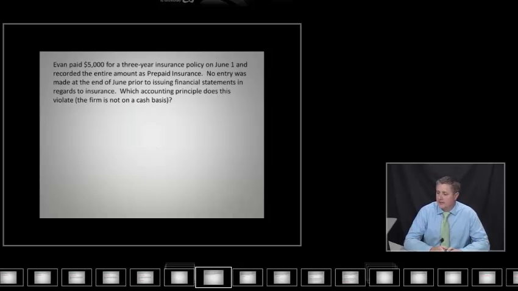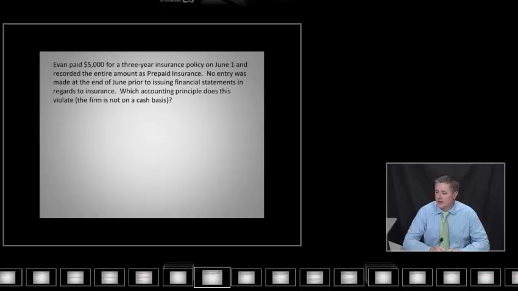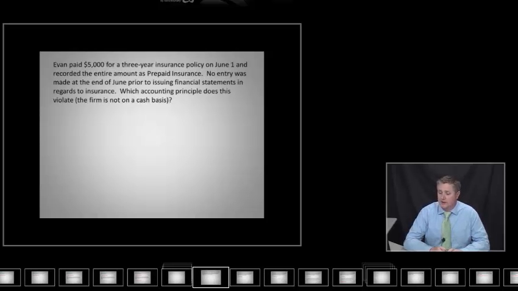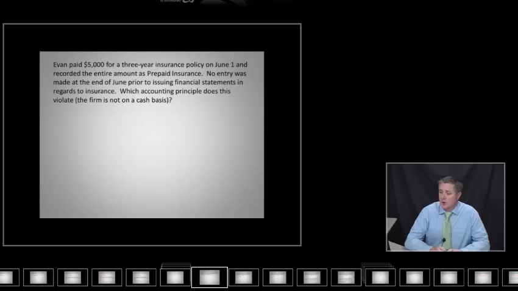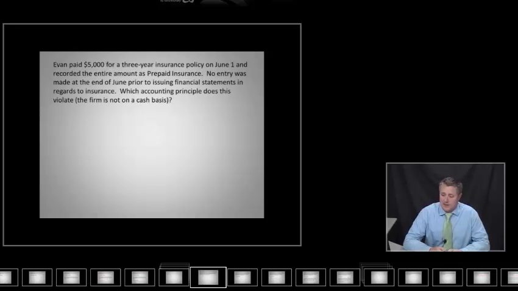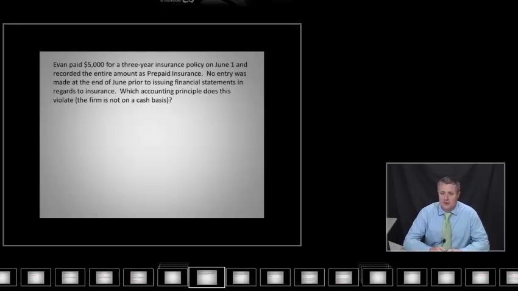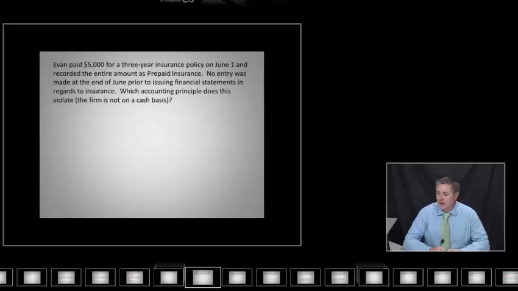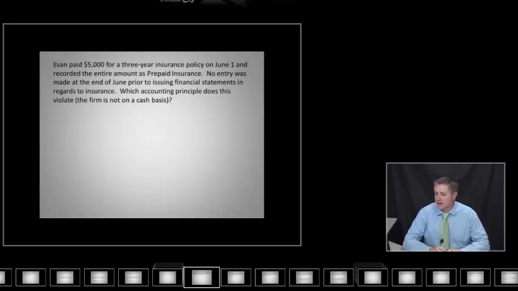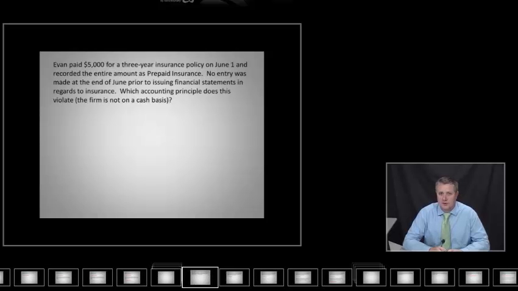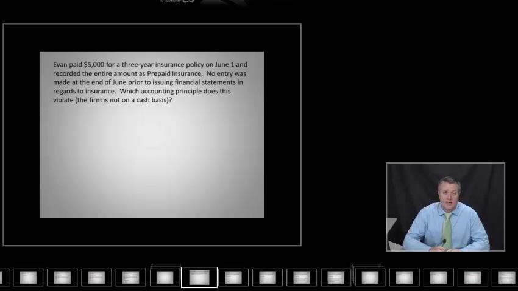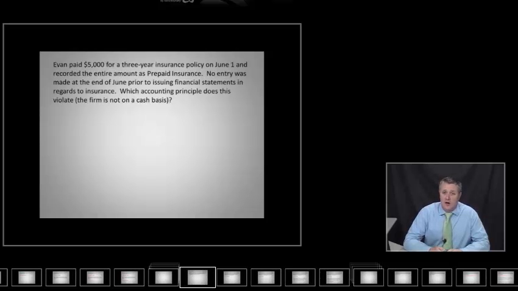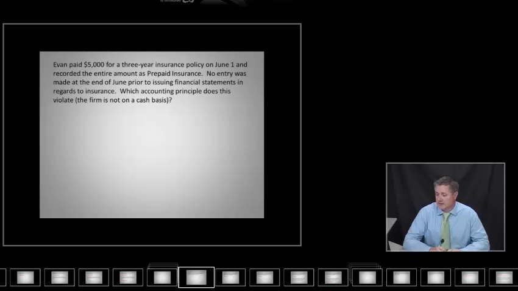Okay, next item. Evan paid $5,000 for a 3-year insurance policy on June 1st and recorded the entire amount as prepaid insurance. No entry was made at the end of June prior to issuing financial statements in regards to insurance. Which accounting principle does this violate? We're given an extra note that the firm is not on a cash basis, so they are on an accrual basis accounting system.